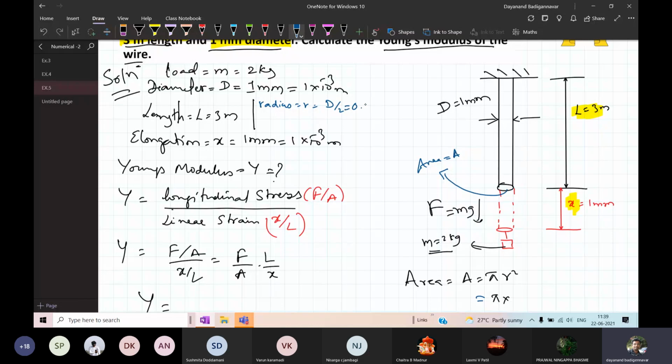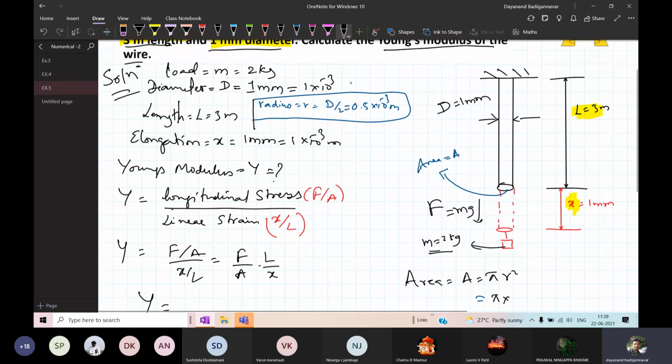That is 0.5 into 10 to the power of minus 3 meter. If the diameter is 1 mm, the radius is obviously half of that. Therefore, you substitute the radius: 0.5 into 10 to the power of minus 3, whole square.